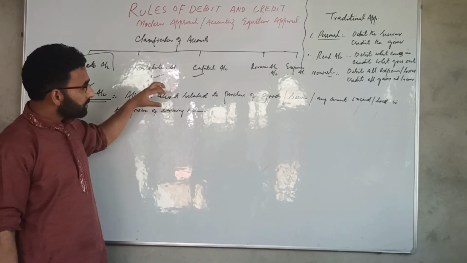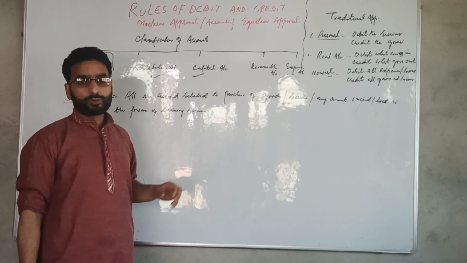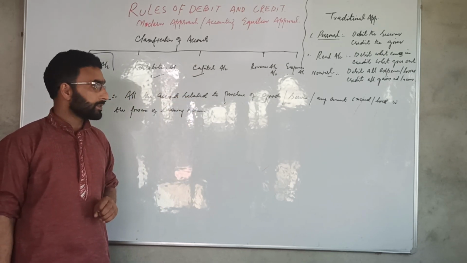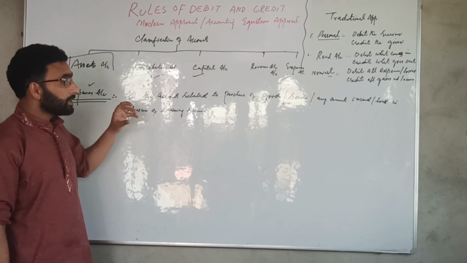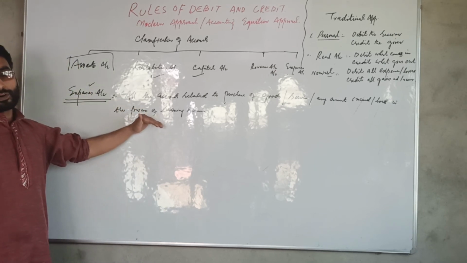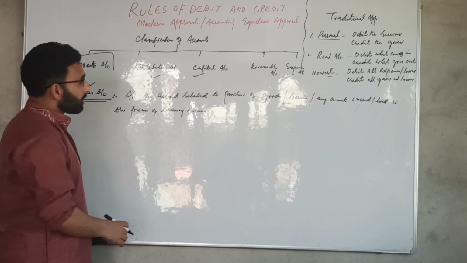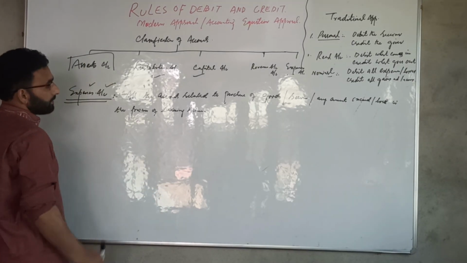So all the accounts that are related to purchase of goods, related to purchase of services, or any amount that is incurred or lost in the process of earning revenue for the business, these accounts come under the head of expenses account.